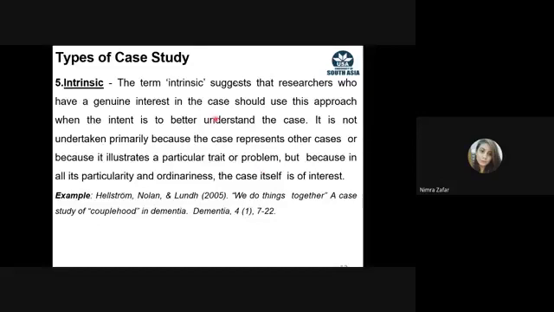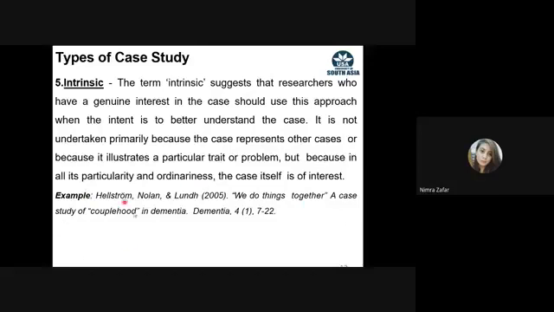So as you have a CR in your class that represents the whole class, in this way you have a particular case which represents many other cases. So this type of case study is intrinsic case study. Example, we do things together, a case study of couplehood in dementia.